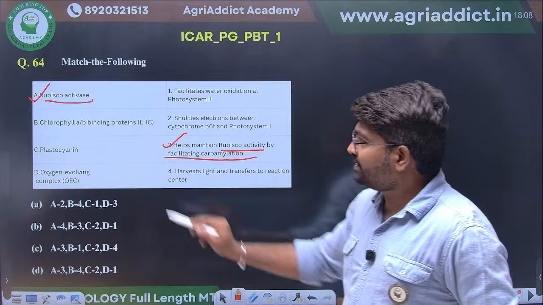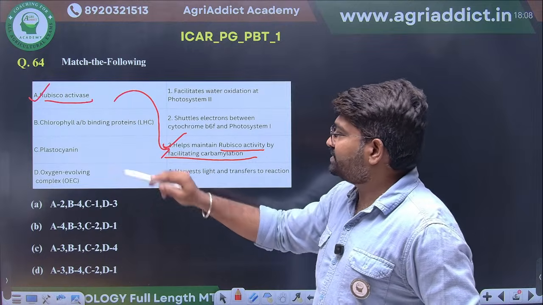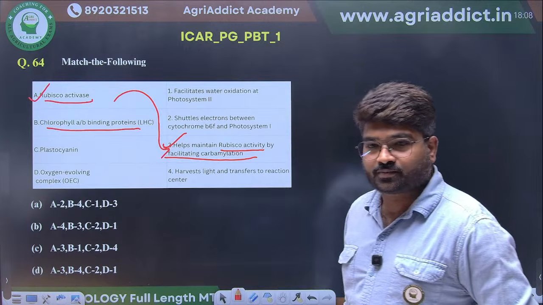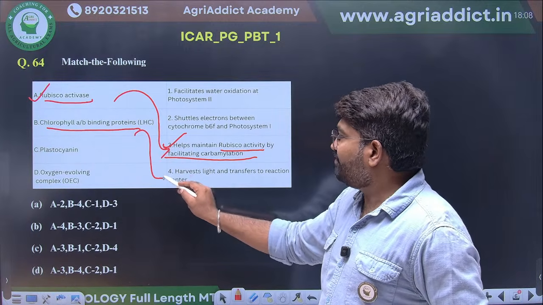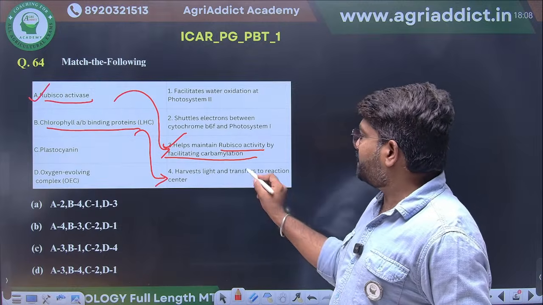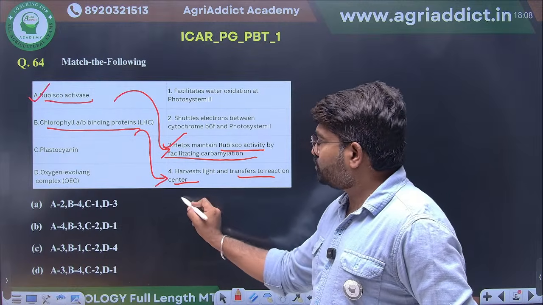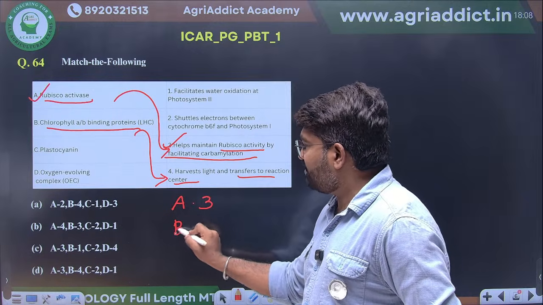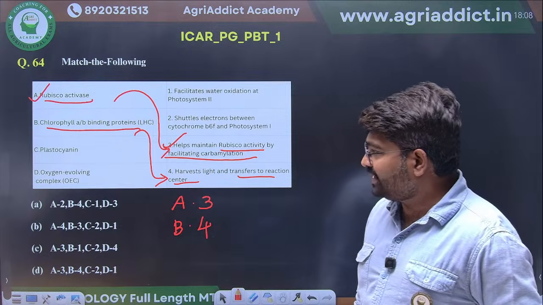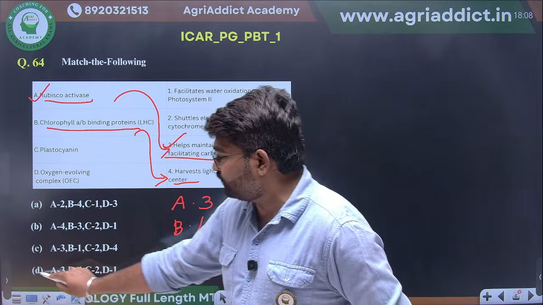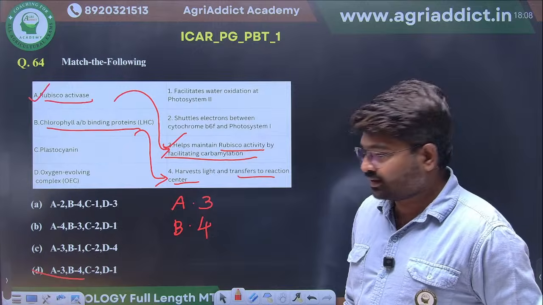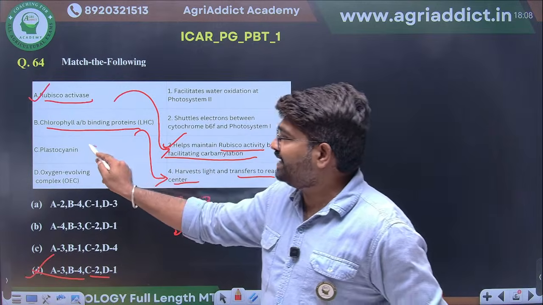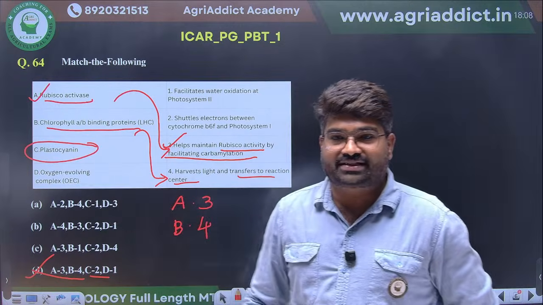This will come for C. What will the chlorophyll A and B binding proteins do? They harvest light and transfer it to the reaction center. So A will have option 3, B will have option 4. Here it's coming 3 and 4. This is the correct answer. C will have 2. See, plastocyanin. Yesterday's class itself we discussed about this.